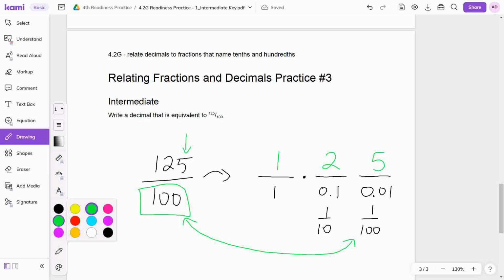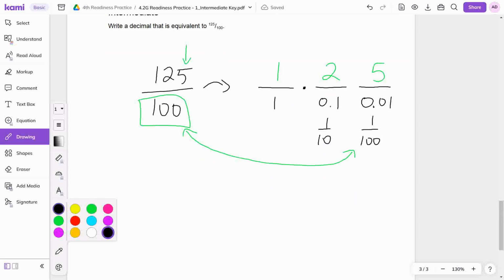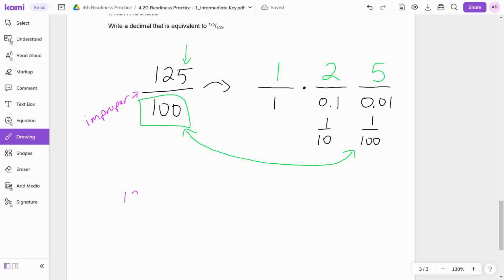Now, how do we know this for sure? Well, 125 over 100 is an improper fraction. So if that's an improper fraction, we could also write it as a mixed number. So let's see what that looks like. So if I want to write this as a mixed number, what I want to do is take out a whole unit.